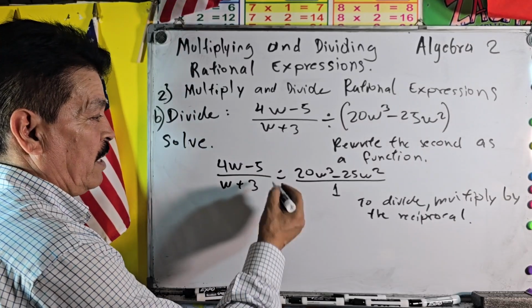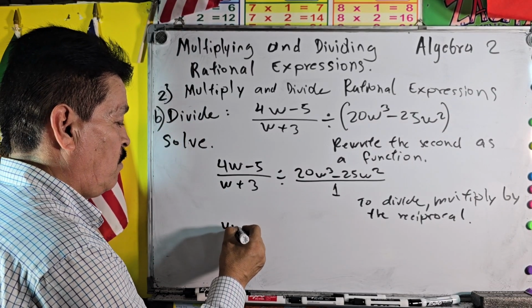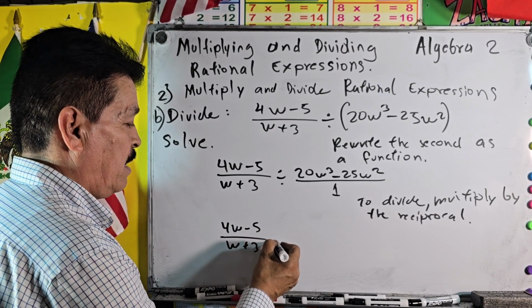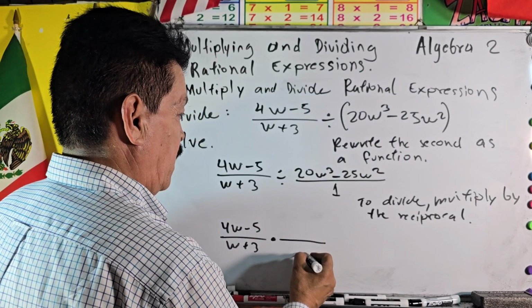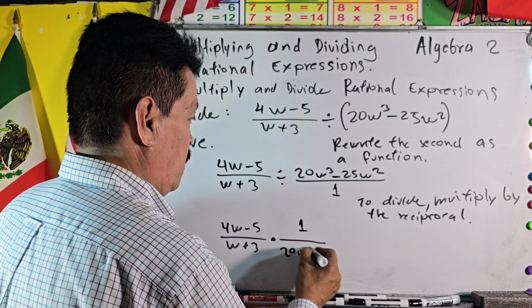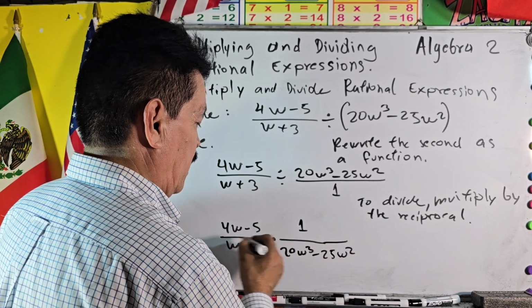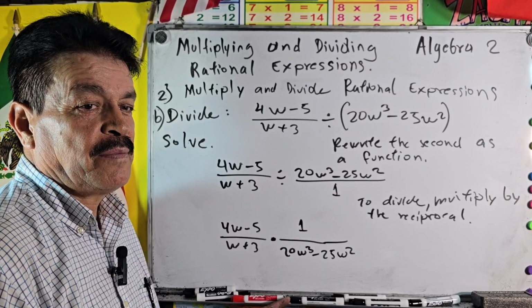So write everything here: 4w minus 5 over w plus 3. The reciprocal is going to be like this: 1 over 20w to the third power minus 25w to the second power. Okay, right there. We are here. See?